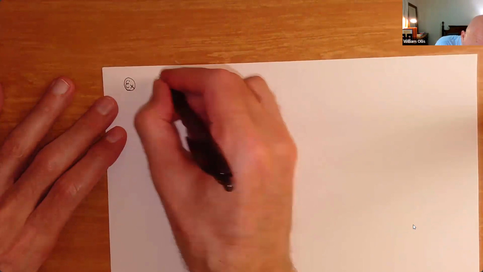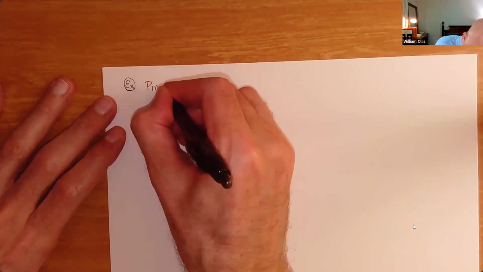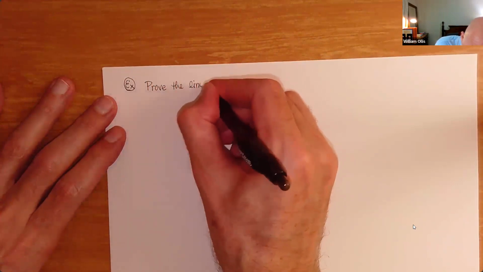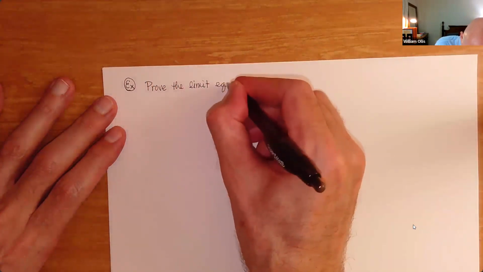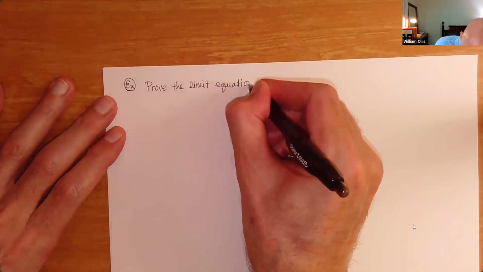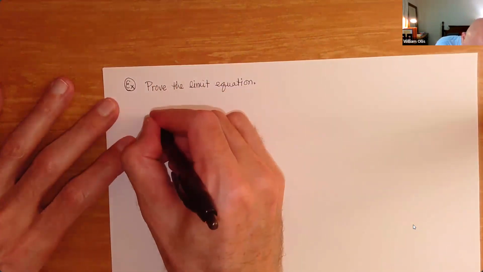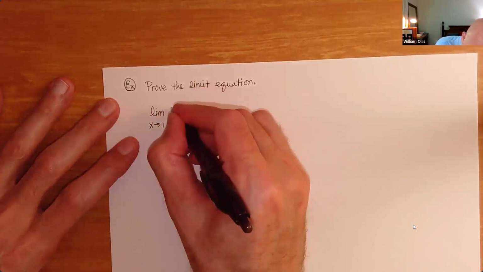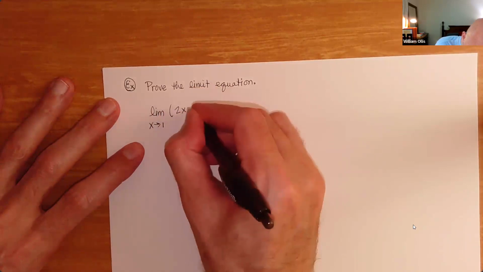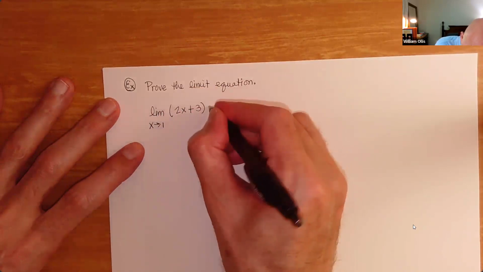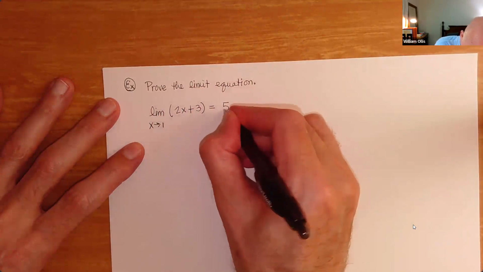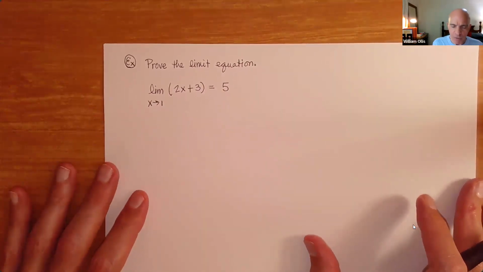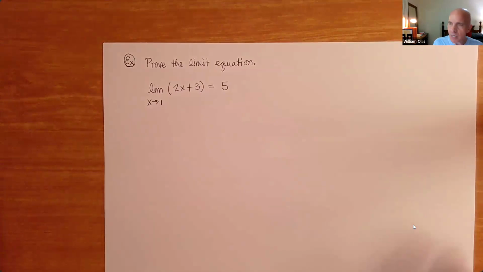So let's look at the following. That is, prove the limit equation. So I'm going to write down the limit as x approaches 1 of the function 2x plus 3. Now, if you look at that, using the intuition from the last problem, you would feel very confident in knowing that that was equal to 5.